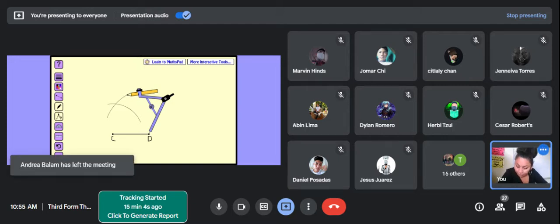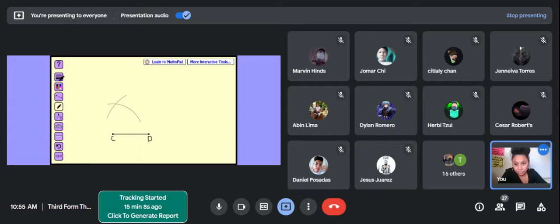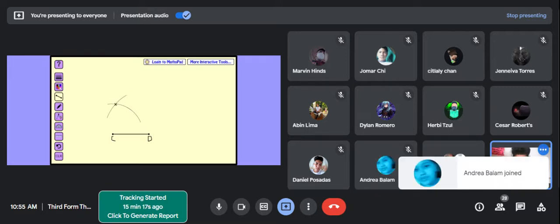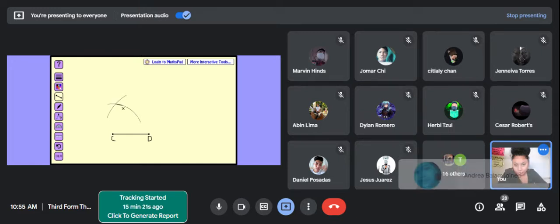The next thing is that you're going to connect the points. And this is going to be point B.